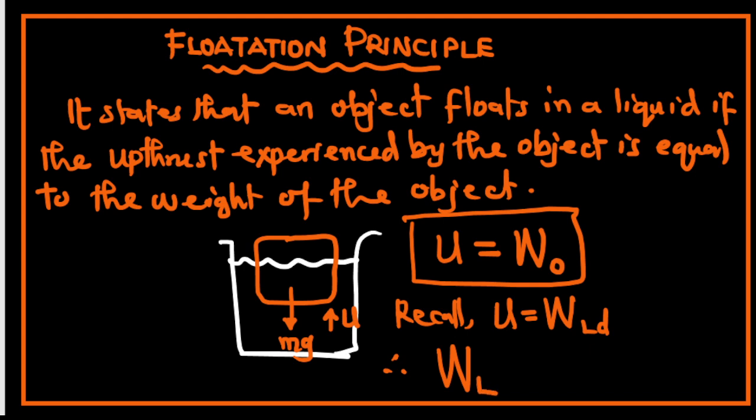You can say weight of liquid displaced is equal to the weight of the object at flotation. Let me put the condition there, at flotation, because without flotation, when you write that, that would be completely wrong. You get that? So the object has to be floating for you to use the statement.